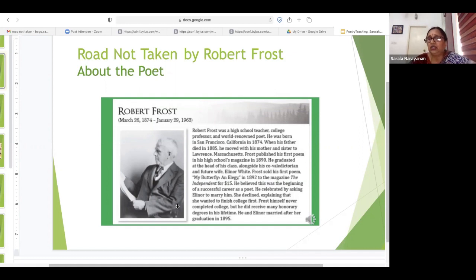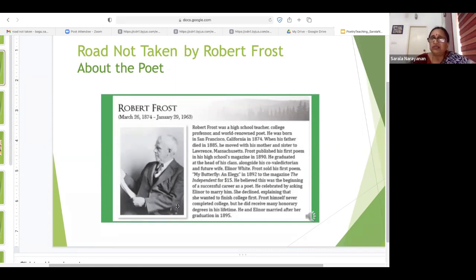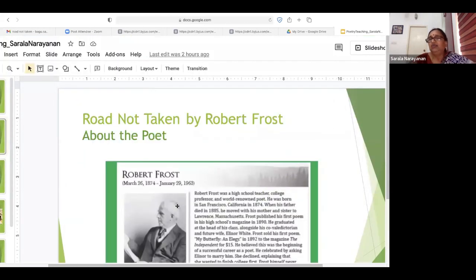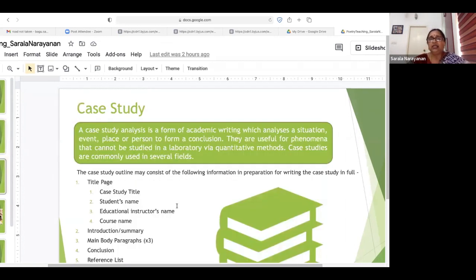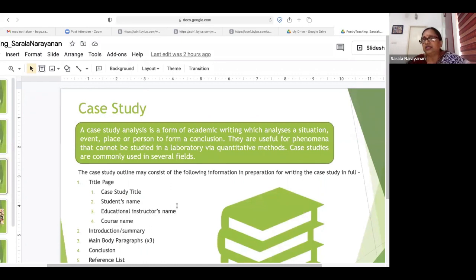Then he had to come back to the US. By word of mouth, his poetry became famous in the US. He participated in the First World War from the US, and by then his poetry had become famous. And he started concentrating more on writing his poetry.